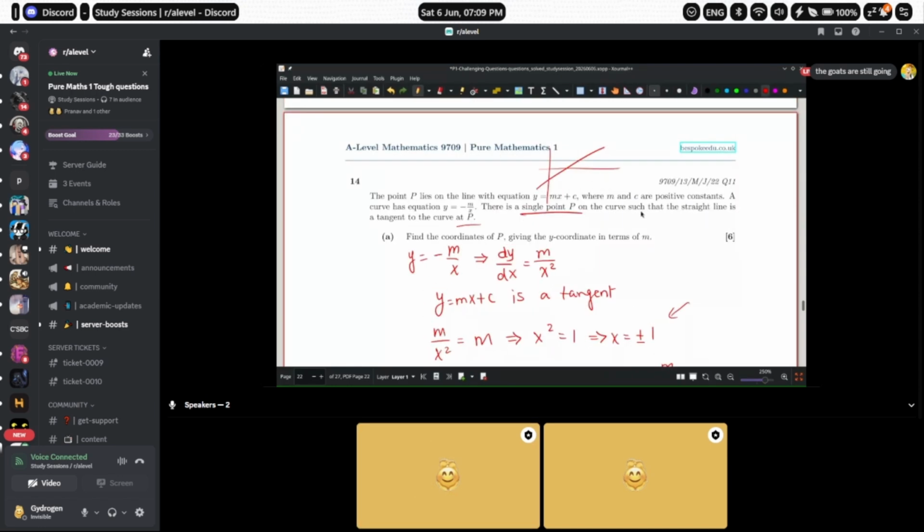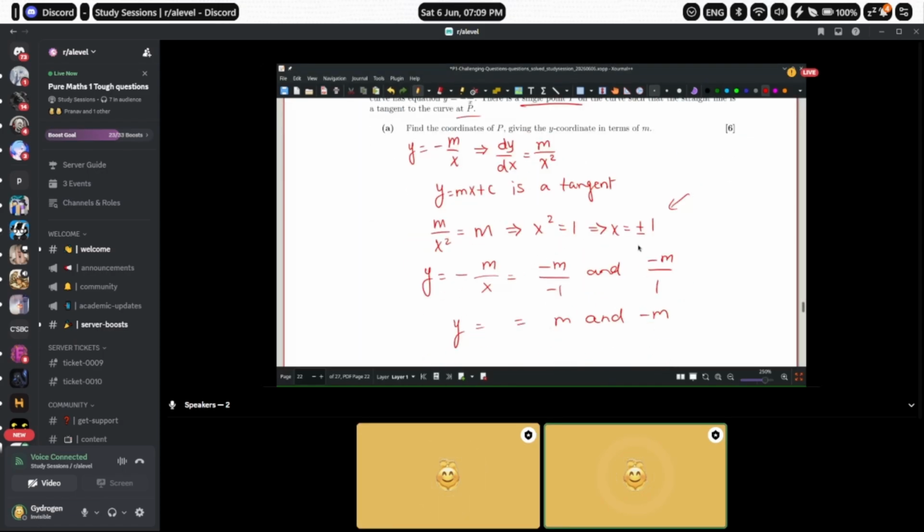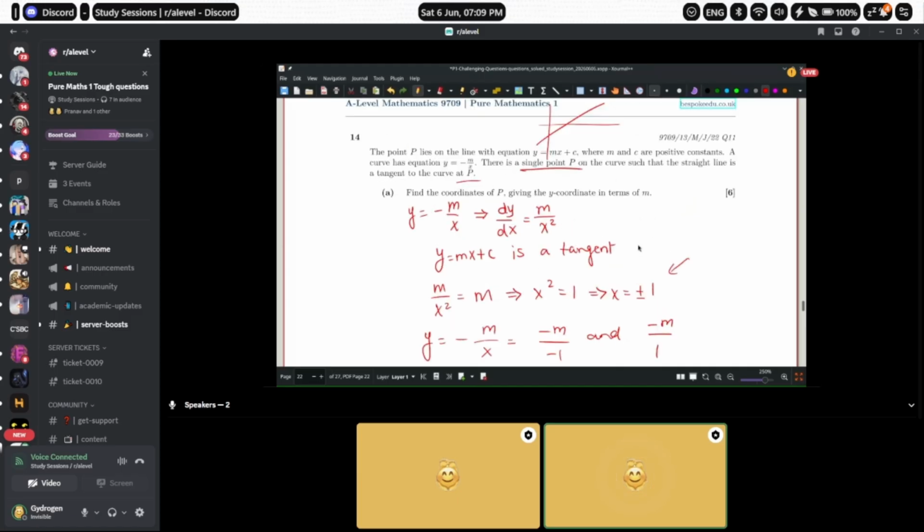Wait, wait. Am I missing something here? Am I misreading the question? No, so far you're doing it right because it's in terms of m, right? It's pretty weird. I don't think I've done this question before. It's a single point. So far it seems right though.